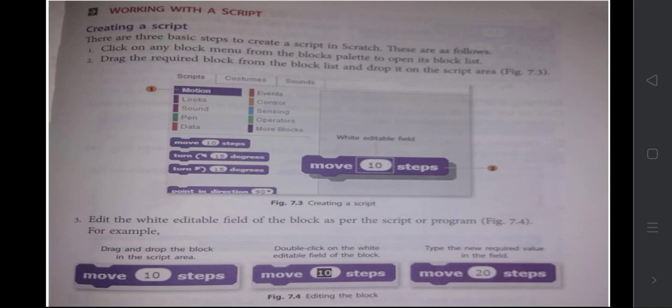For example, drag and drop the block in the script, move 10 steps. Then double click on the white editable field of the block that says move 10 steps. Then type the new required value in the field, so it moves 20 steps. These are the instructions. As per the instructions, you can type and see, it means you can work and see.